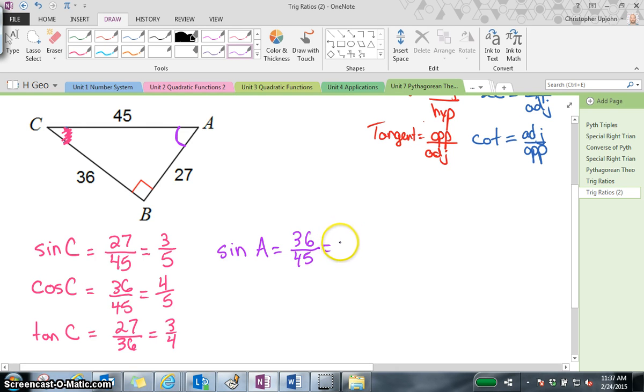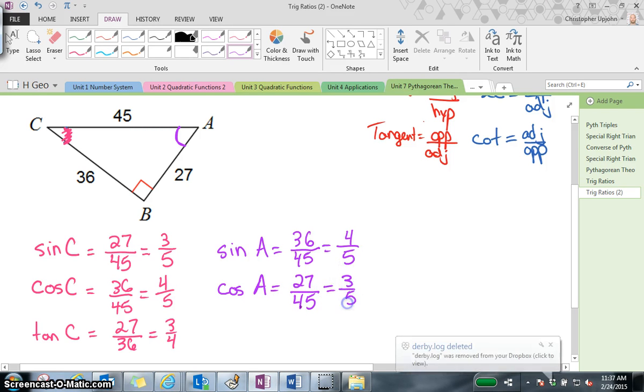So we got 36 over 45, and we reduce it to 4 over 5. Cosine of A. What's our adjacent leg? 27, and our hypotenuse still 45. Simplify it, 3 over 5. And tangent of A. Opposite leg is the 36, adjacent 27, simplify 4 over 3. Again, improper fractions are fine. We want these ratios.